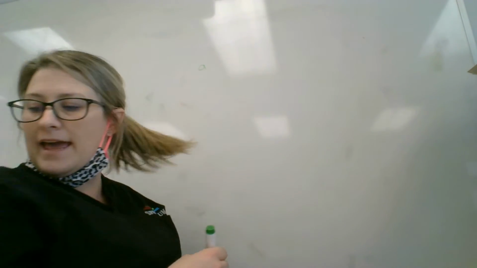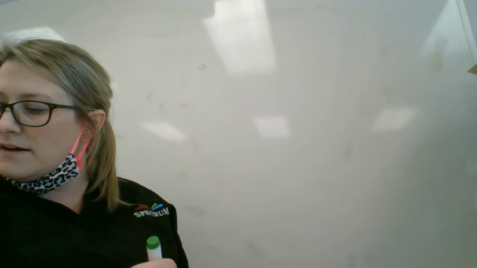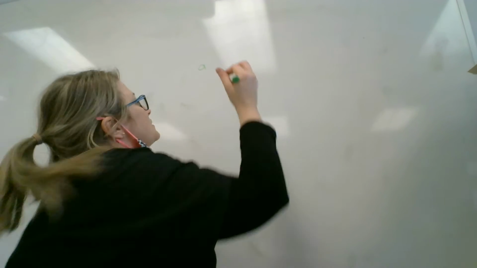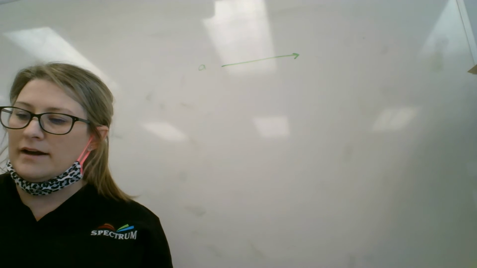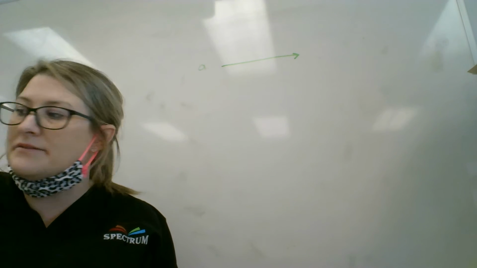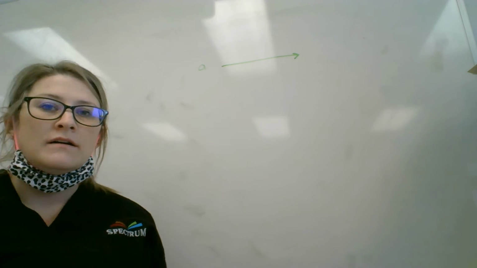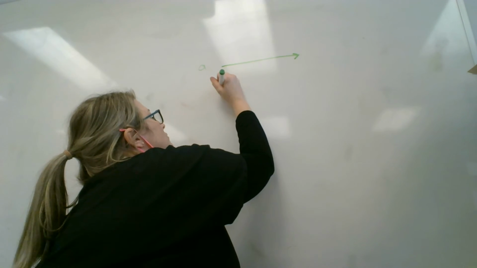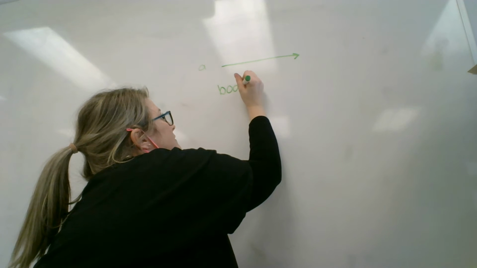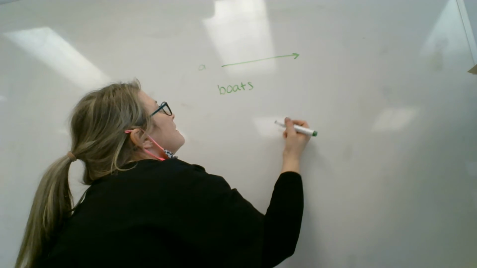All right, sentence A. 13 of the boats were dirty and the rest were clean. Okay, so when I want to write this in on the line, because I'm talking about boats, I'm comparing.